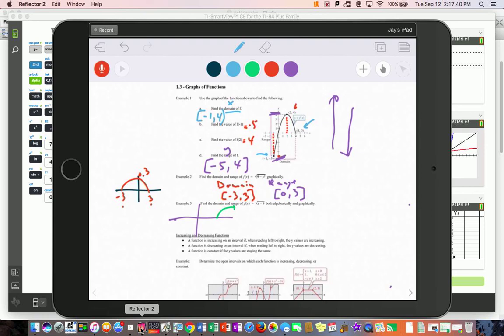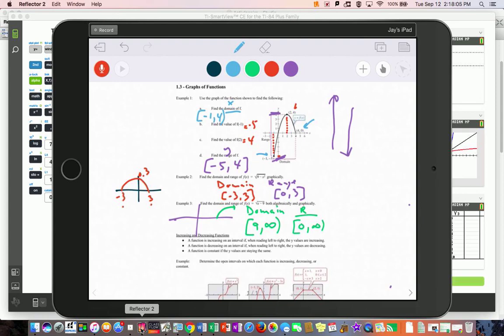So what we're going to do is look at the domain, starts at +9 and goes to infinity. And the range will start at 0 and go up to infinity. Those are the y values, how far up and how far down.